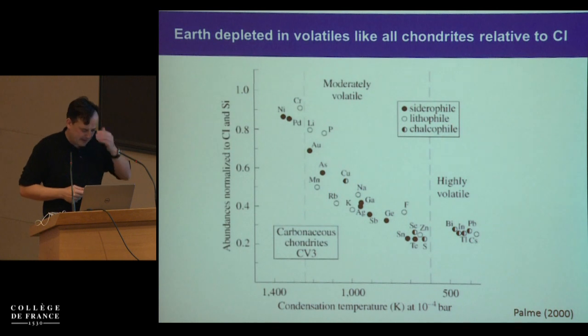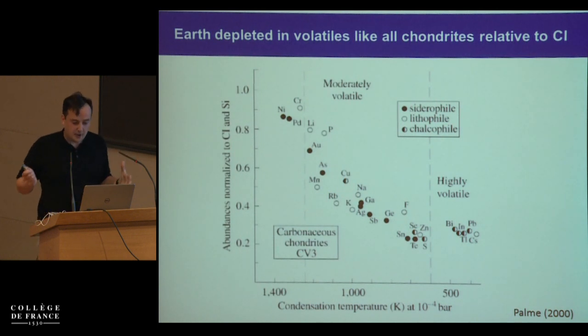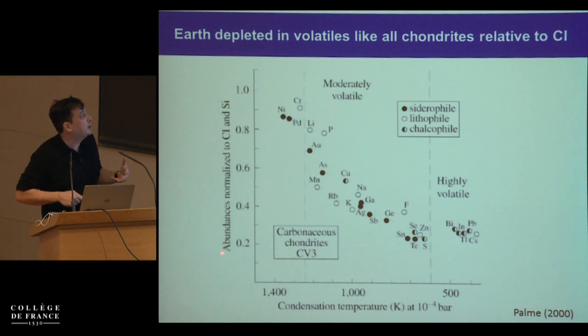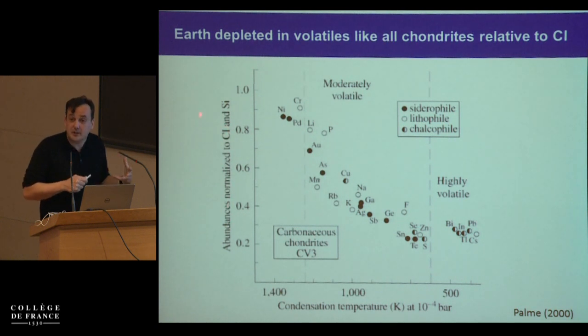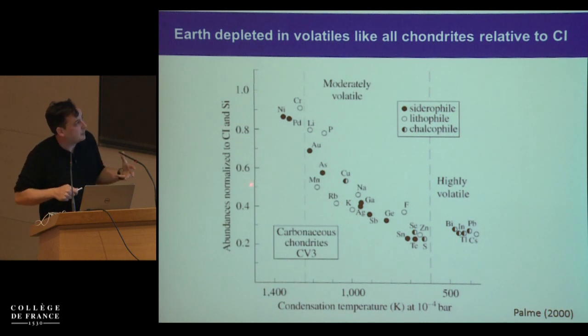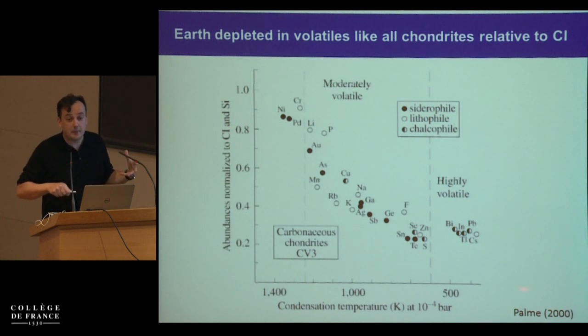So if we look at any meteorite, chondritic meteorites, for example, not C1 meteorites, but we normalize the composition of a meteorite to C1, we see that relative to C1 chondrites, which is the material we think probably most of the terrestrial planets are formed from, all meteorites show depletions in volatile elements.